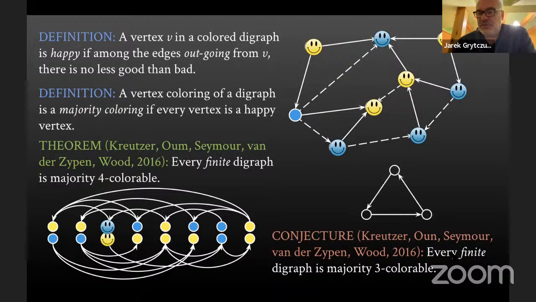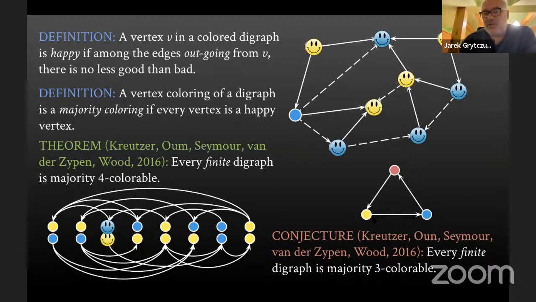Let me just point out that these three colors would be the optimal value. It is not possible to color every digraph with 2 colors, and a directed triangle, for instance, shows that this bound is optimal, because in this example every vertex must be colored by a different color.